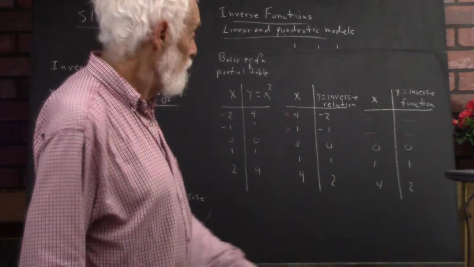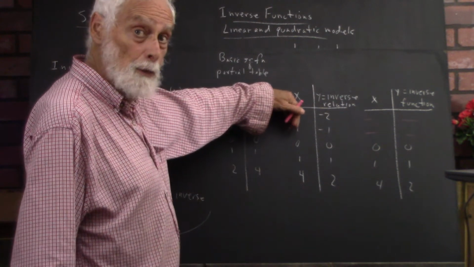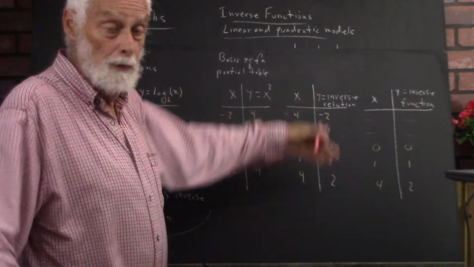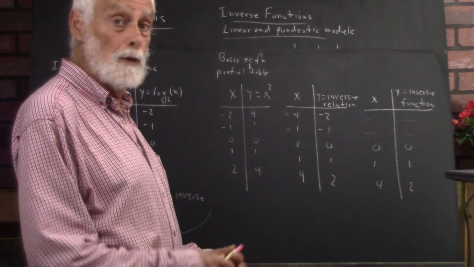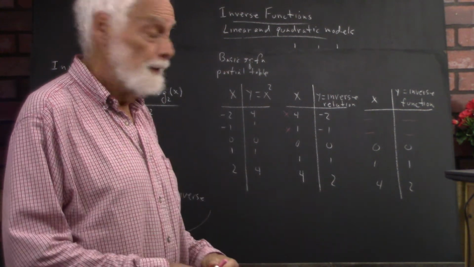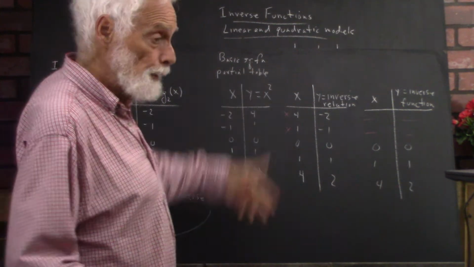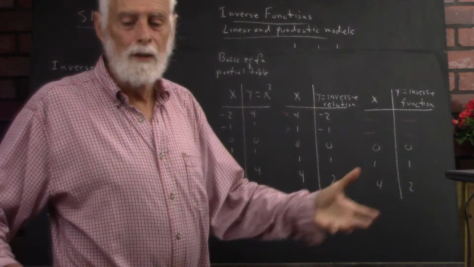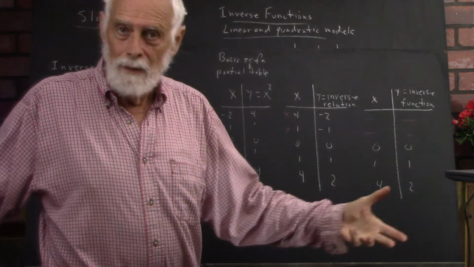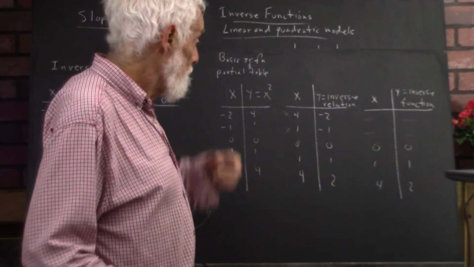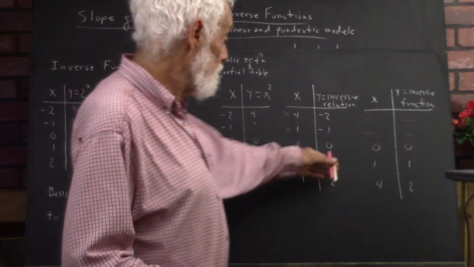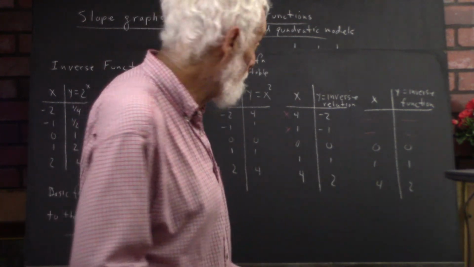You can graph that, with all 5 points or all 7 points if you do the whole table. You can graph it, but it's not going to be a function. It's going to fail the vertical line test, for the same reason that you can't give me just one answer when I give you the value of x, unless x is 0. Okay, so that's it. That's what inverse functions are.